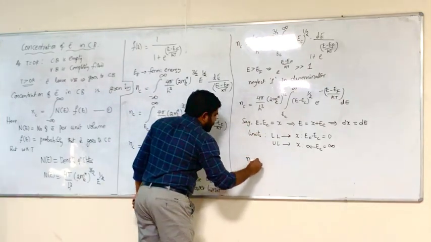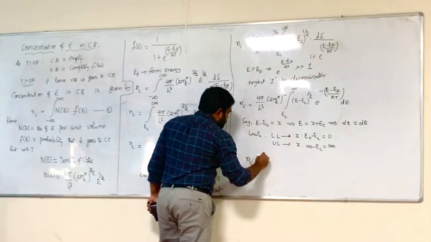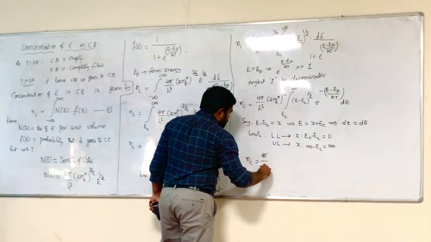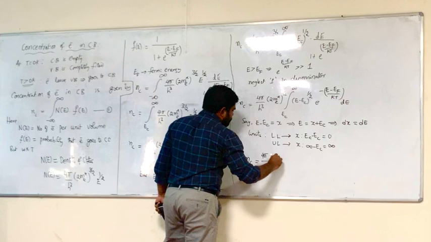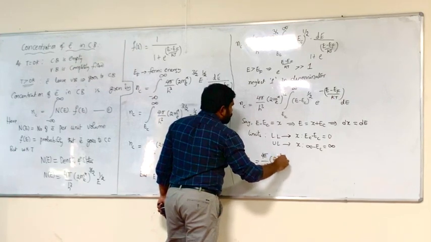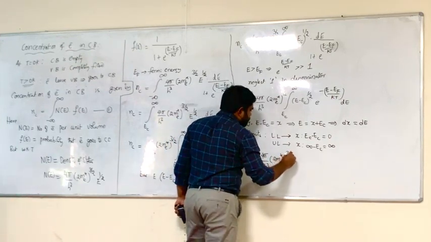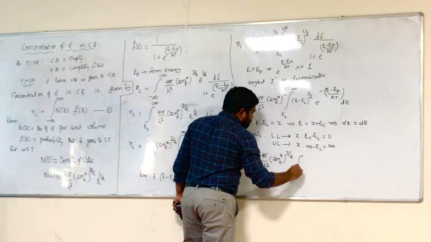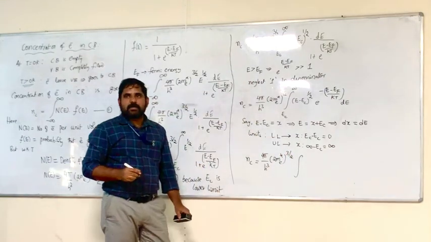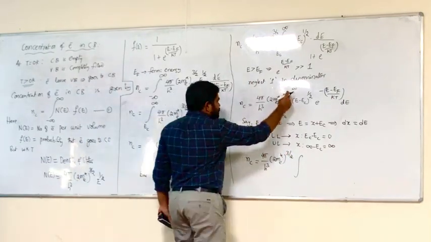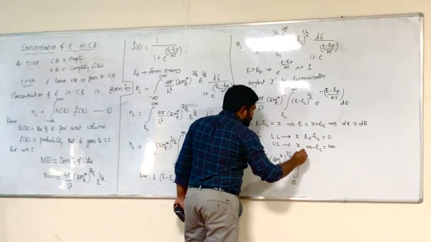So now let me modify. My Nc now becomes 4π/h³ into (2m*)^(3/2). Now the limits I need to write from 0 to infinity.